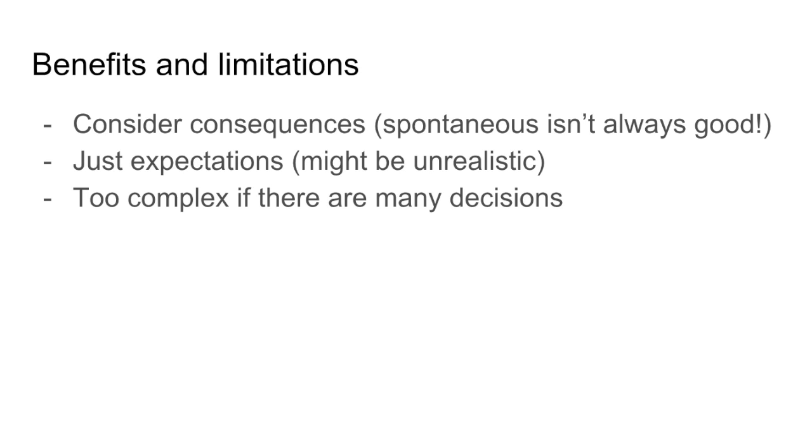But there are some limitations too, because sometimes the outcomes of a decision tree are simply expectations. When actual decisions are made, the payoffs and resulting decisions may not be the same as you planned, because it's impossible to plan everything before you actually do it.